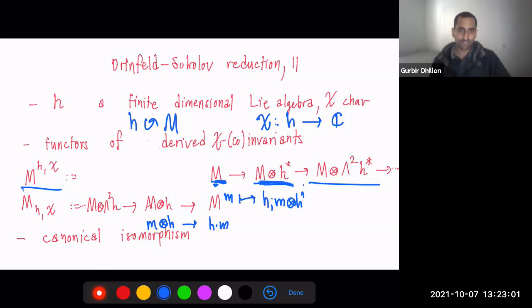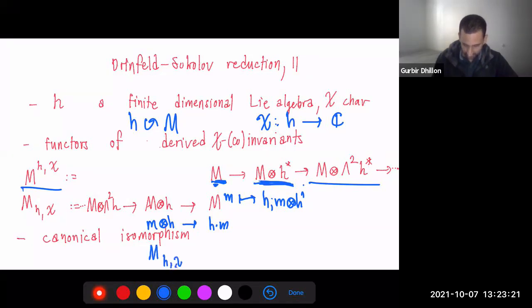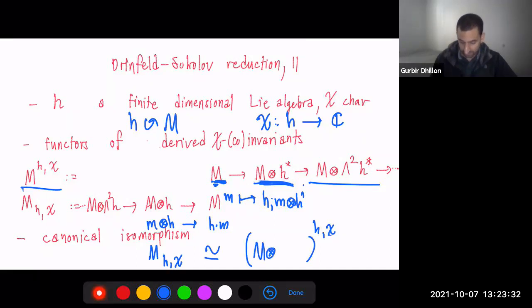Okay, and so the nice theorem here is that, the same way that for finite groups, a priori there are two reasonable operations, but they turn out to be the same. So here you have these two operations, and they turn out to be the same. The more precise statement is, if you take your representation M and look at its co-invariants, that turns out to be the invariants of not quite M, but a certain twist and shift of it.